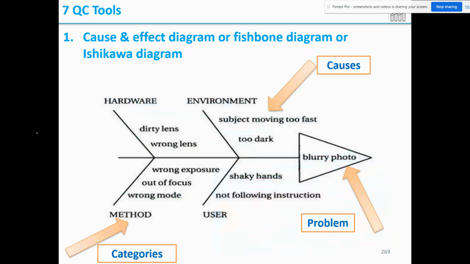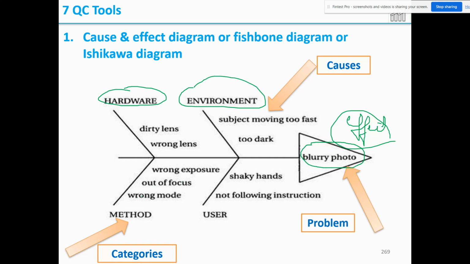Now let us see an example. In this case, blurry photo is the effect or the output. They have created some categories related to the blurry photo: hardware as a category, then environment, then method, then user. In each category, they have identified the possible causes that can affect the blurry photo.